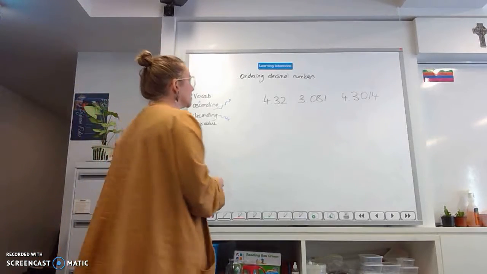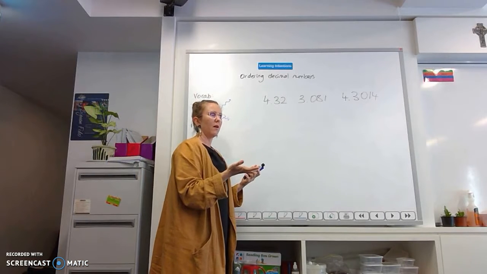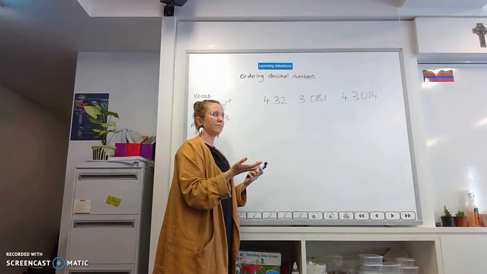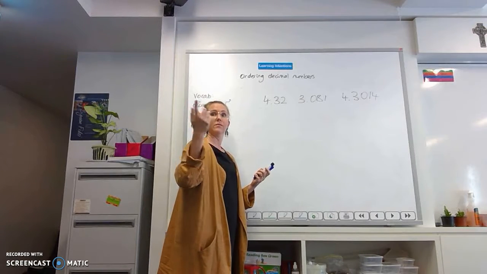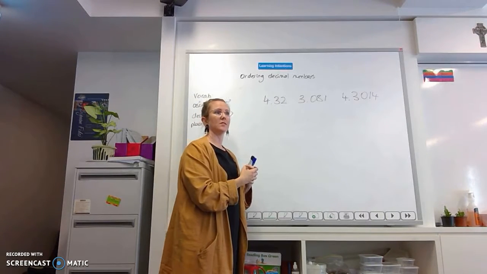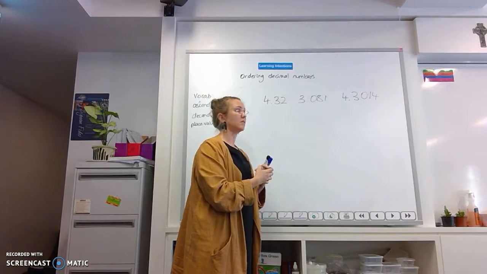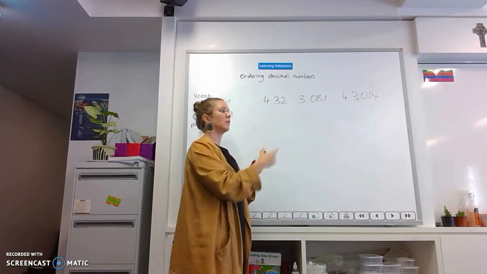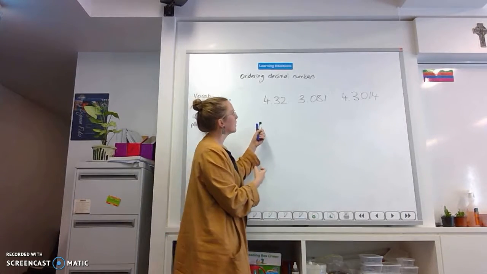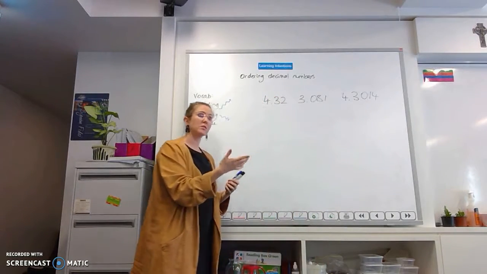So the first thing that you would look at with these 3 numbers would be what place value? Not the tens, there aren't any tens in these. Not hundreds. Which place value should I always check first?